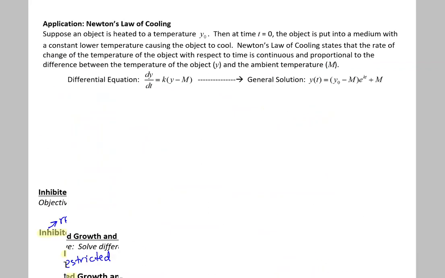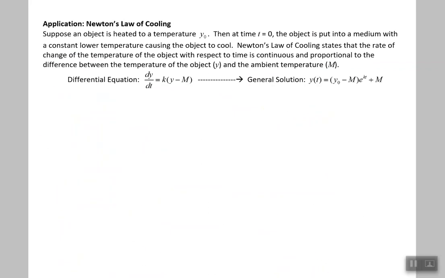Let's take a look at an application of inhibited decay. Newton's law of cooling. Suppose an object is heated to a temperature, we'll call it y sub 0, for an initial amount.